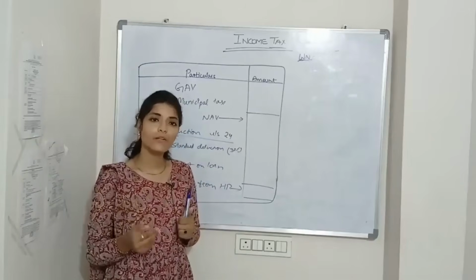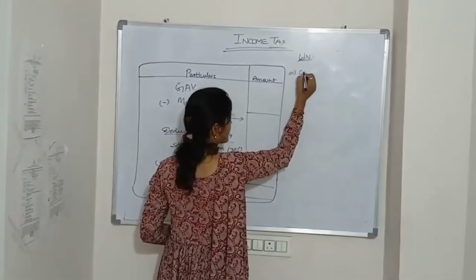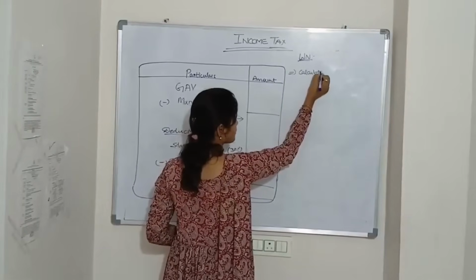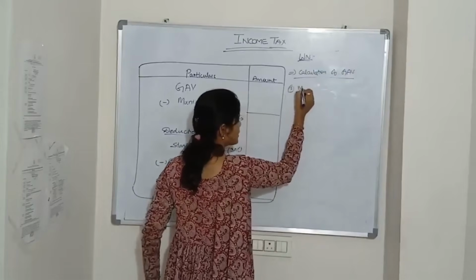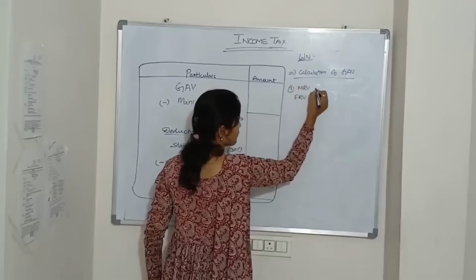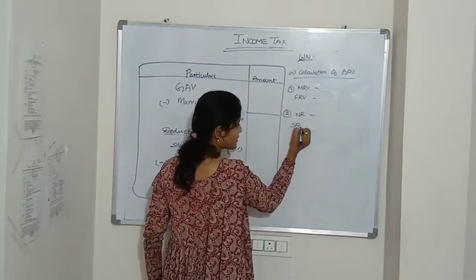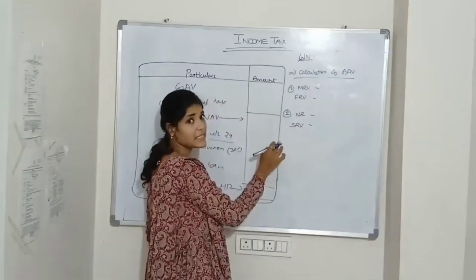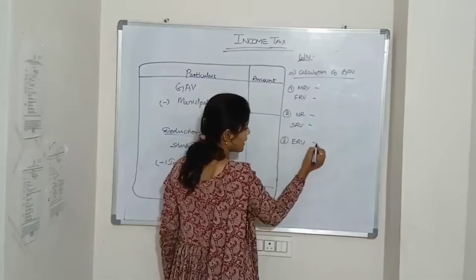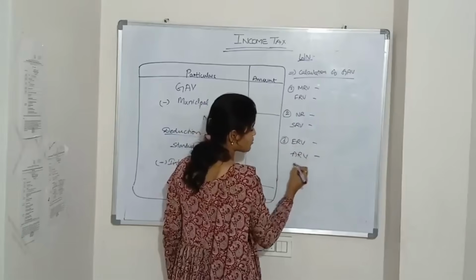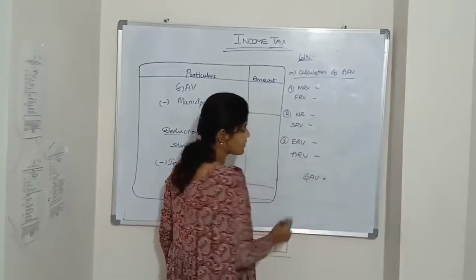In step number 2, notional rent and SRV, where SRV stands for standard rental value, whatever is the least we will call the ERV. Then ERV and ARV, where ARV is the actual rental value received. Whichever is highest, then you will get the GAV.